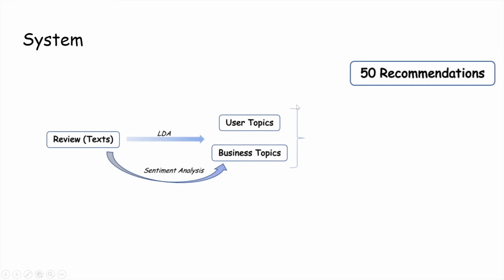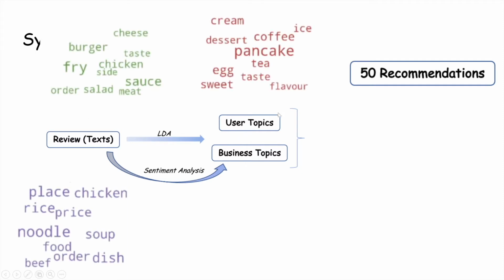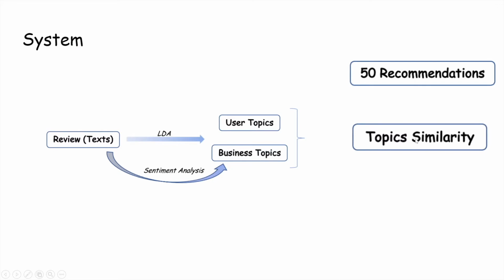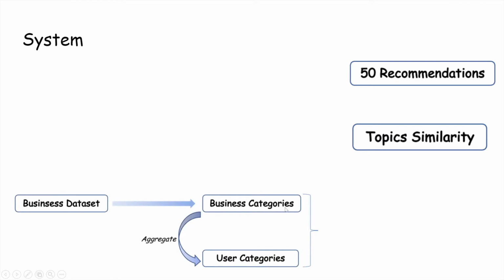For content-based filtering, first we use LDA and sentiment analysis to process the text from the review dataset. We can get user topics and business topics. These are some examples of topics. And then we can compute the topic similarity. Also, we can get business categories from the business dataset, and we can get user categories by aggregating business categories.